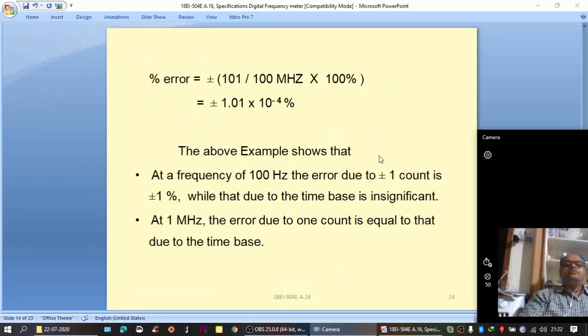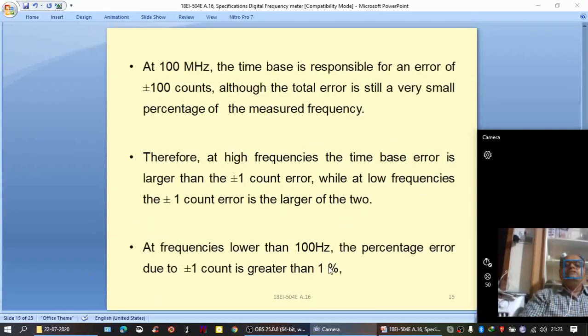The above example shows that at a frequency of 100 Hz, the error due to plus or minus 1 count is 1%, while that due to the time base is insignificant. At 1 megahertz, the error due to 1 count is equal to that due to the time base.